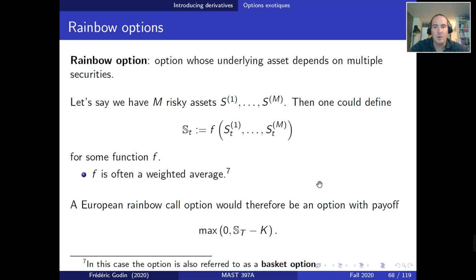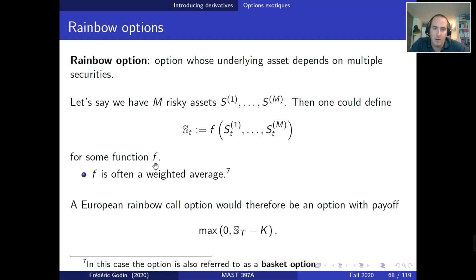There are also what we call rainbow options. Rainbow options are options whose underlying asset depends on multiple securities. For example, if we have many risky assets, say capital M different stocks, stock S1 until stock SM, then we could define a stylized S_T as some function F of the prices of all the assets.